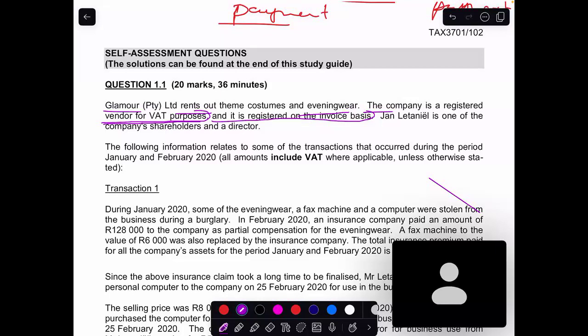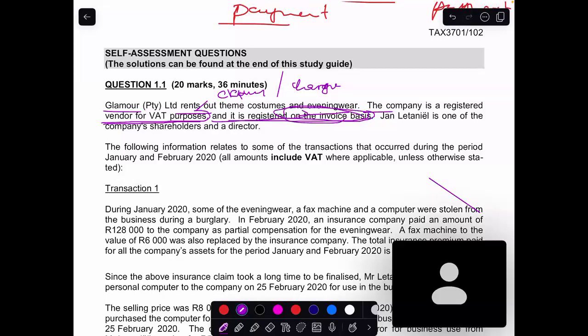It simply means that the company can claim input VAT or charge output VAT. Remember, an entity which is not a registered VAT vendor cannot charge VAT output and can also not claim input VAT.